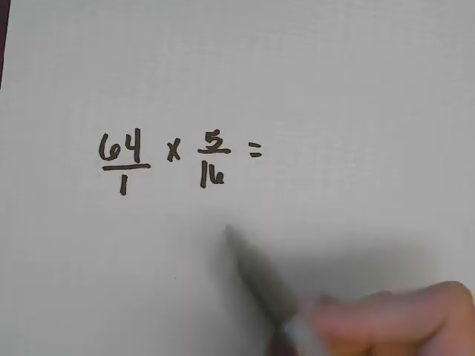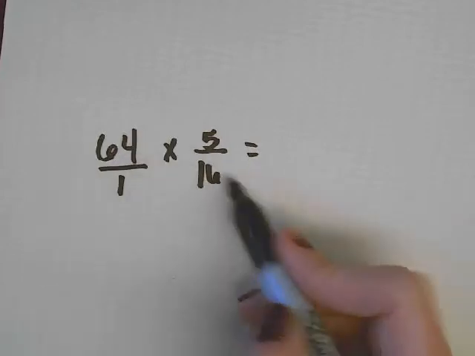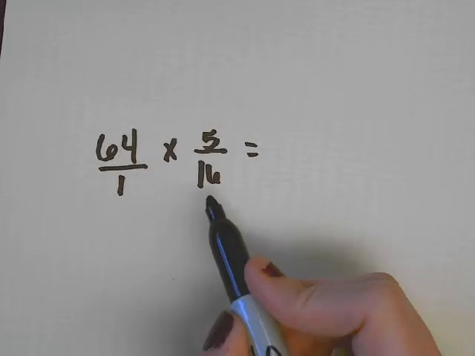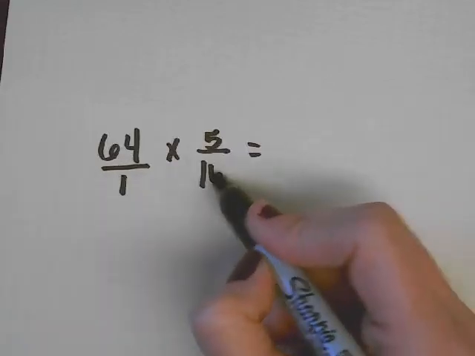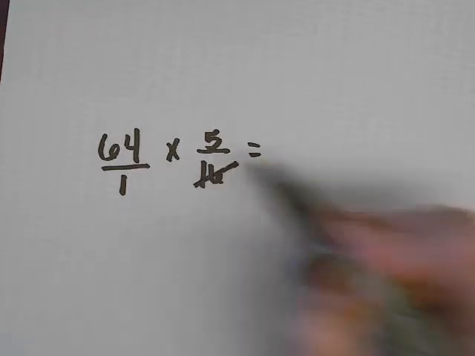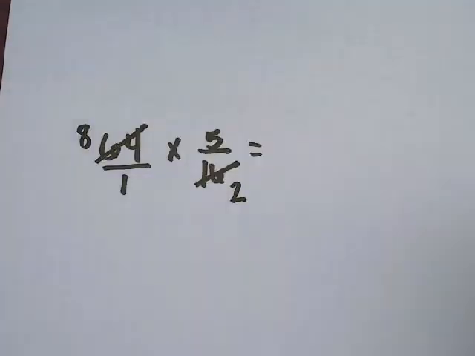One way that you can do that is you can think of a number that goes into both 16 and 64. So I'm thinking there are several numbers, but I'm thinking of the number 8. So I know that 8 goes into 16 2 times, and 8 goes into 64 8 times.